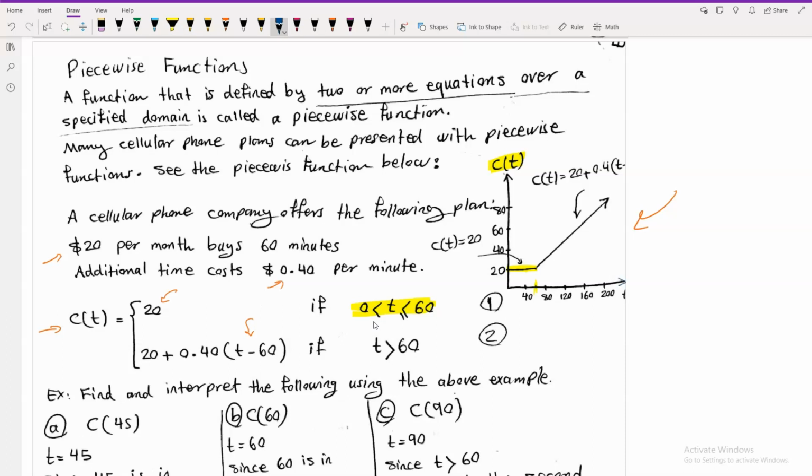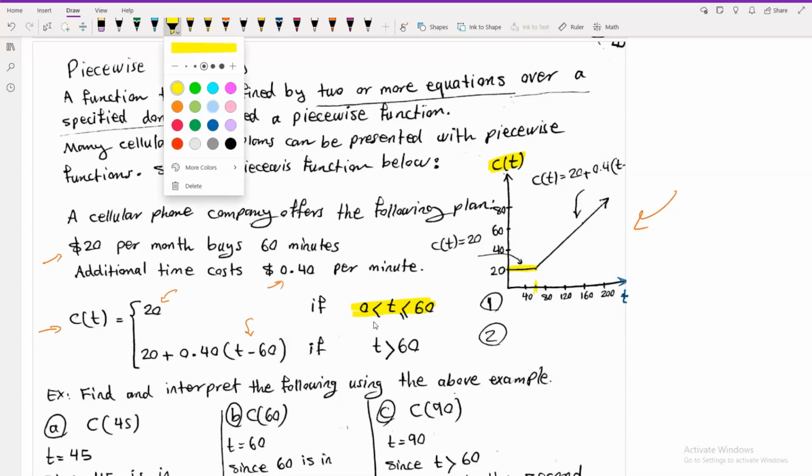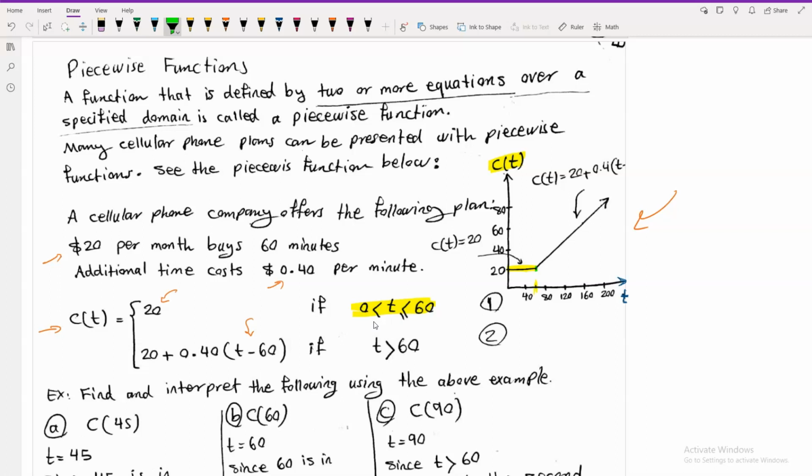And here, this one is time. So for more than 60 minutes, we have this part of graph. So it's $20 plus 40 cents times T minus 60.